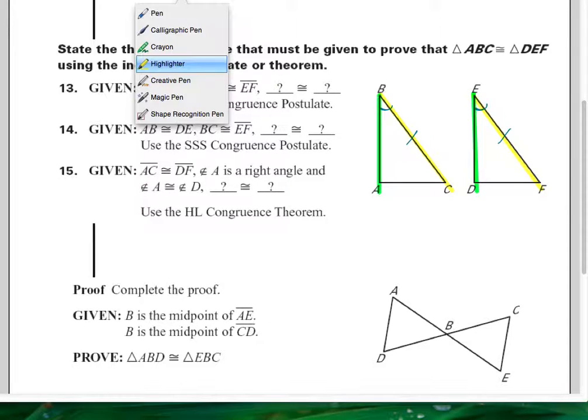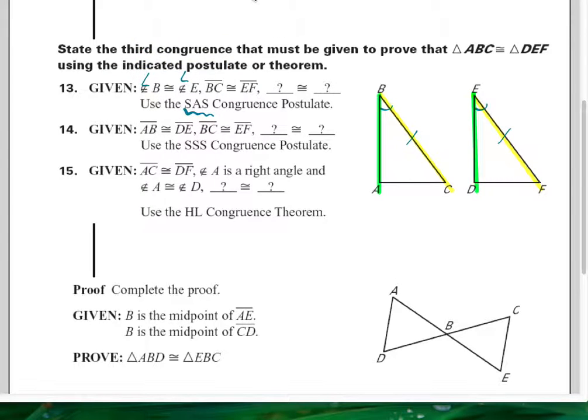So that's what needs to go into the blank. So in this first one, we need BA and ED. And there's segments, so they have the little segment bar over the top, and that would be what would fill that blank. So now I need to erase my picture, my markings, so I can reuse my picture.